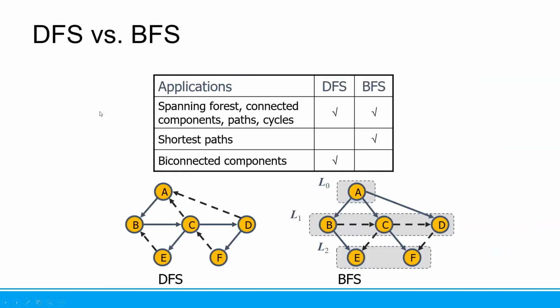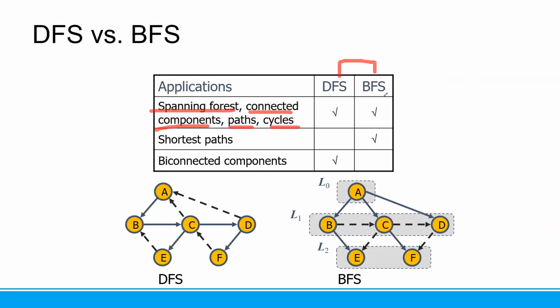So this is the summary. What is the proper application for both of the methods that you already learned? With DFS and BFS, we can use them for the spanning forest, for connected components, for paths, and for cycles.